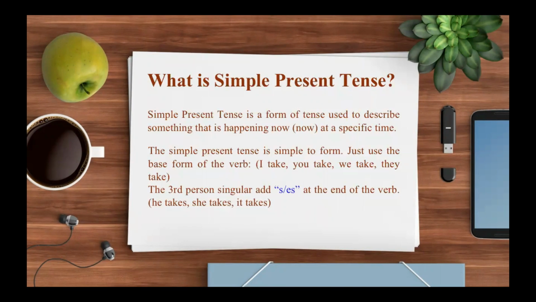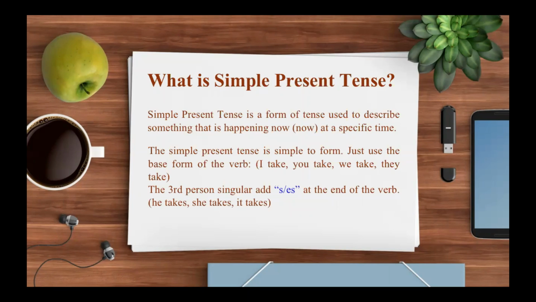For example, if you use the subject I, you, we, they, you just follow the verb 1 after the subject. For example, I take, you take, we take, they take.